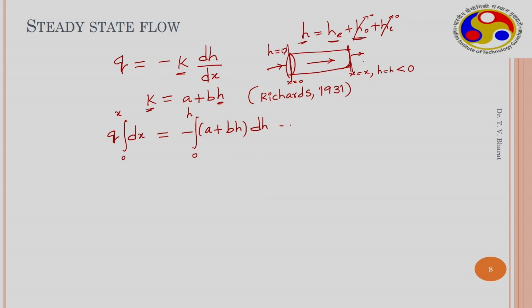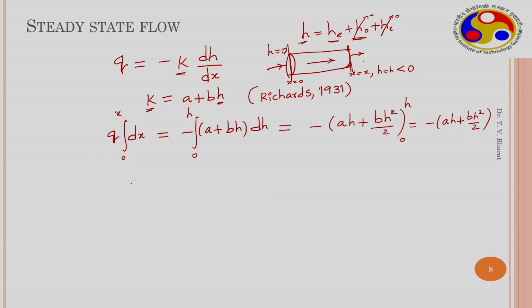So now this can be integrated. So if you integrate this, minus A H plus BH square by 2, and the integration varies from 0 to H. So this is simply minus AH plus BH square by 2 only.